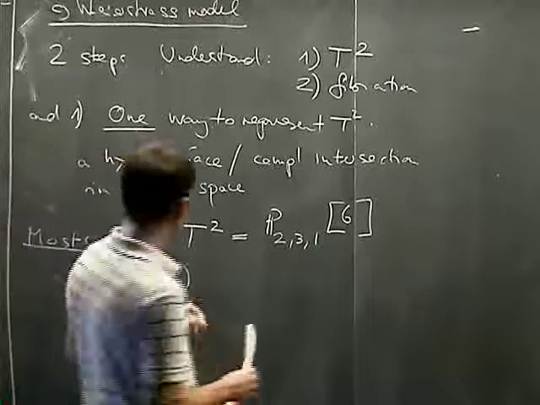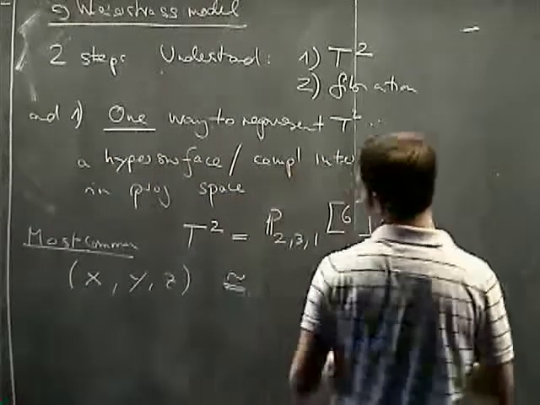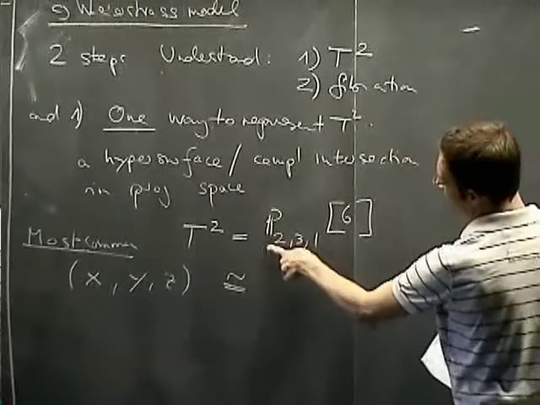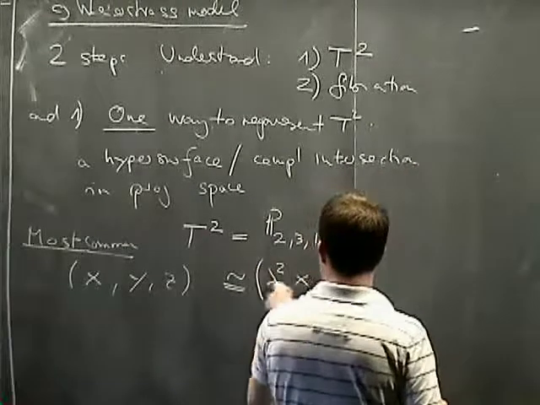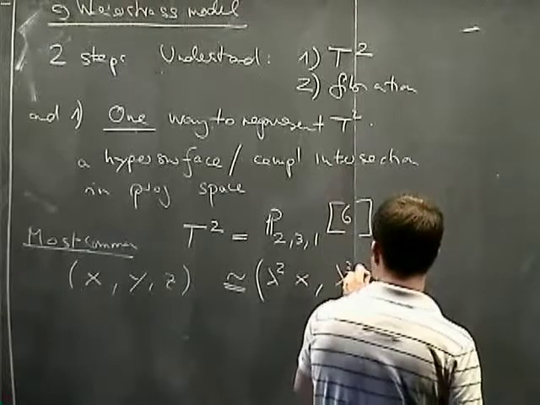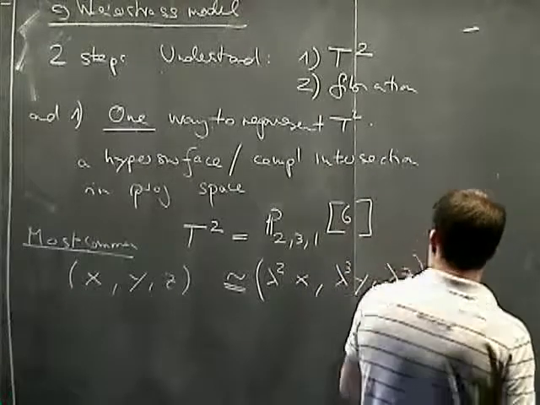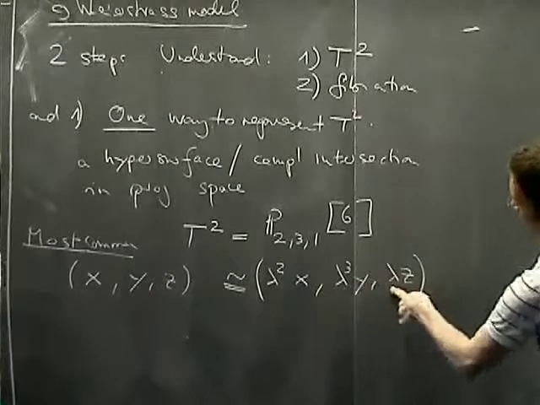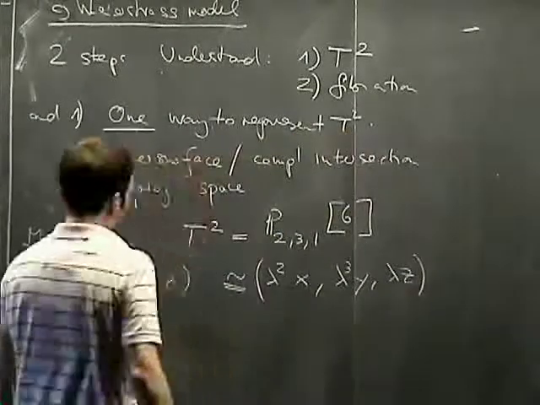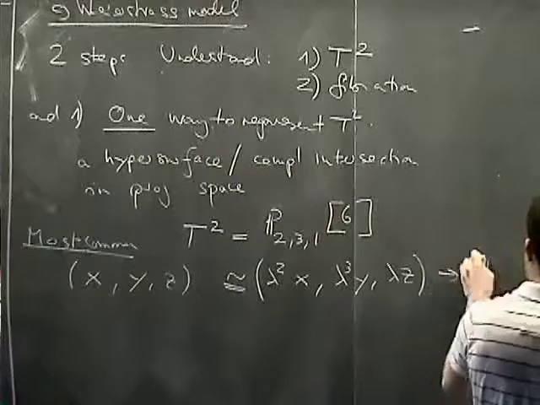We identify them in order for them to form homogeneous coordinates of P(2,3,1). So we quotient out a scaling relation, one complex scaling relation. This gives us a 2 complex dimensional space because this is complex.